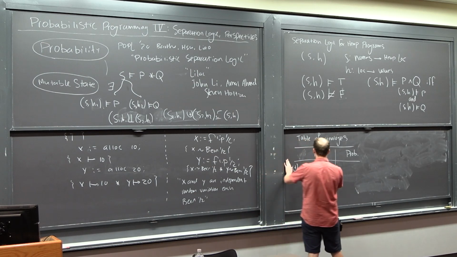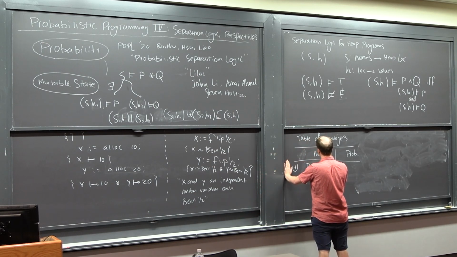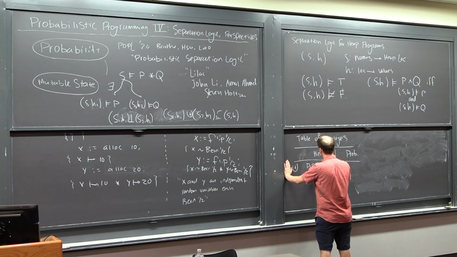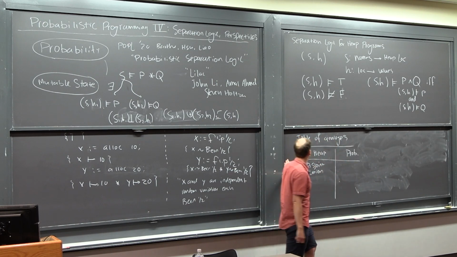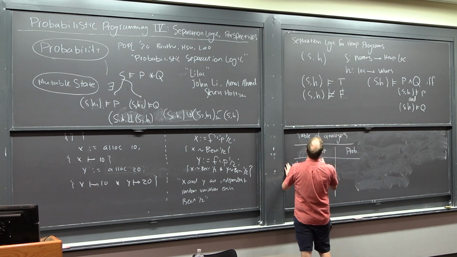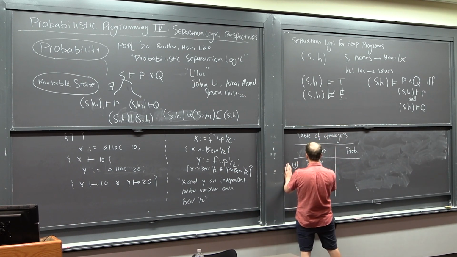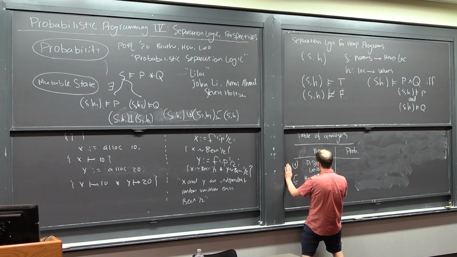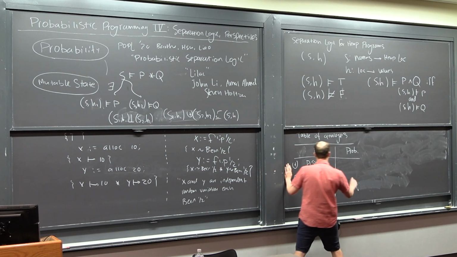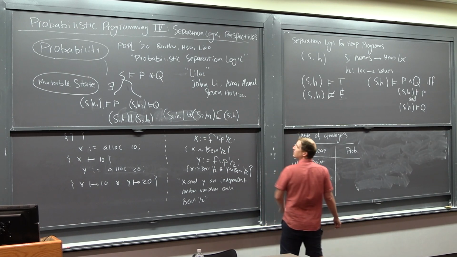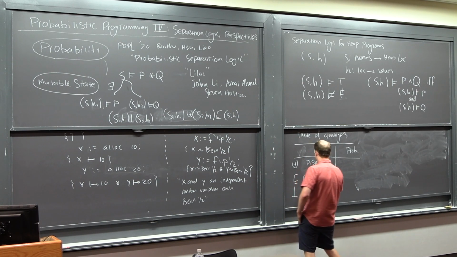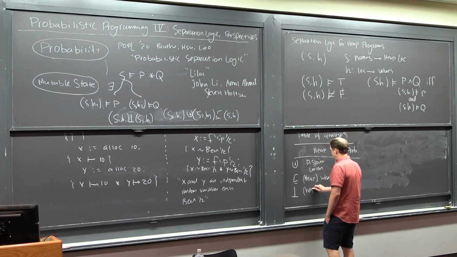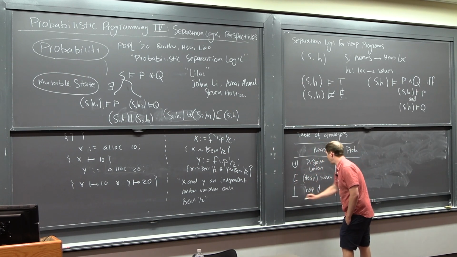So this is disjoint union for heaps, this U plus guy. It'll be something else for probabilities. And then we're going to have this thing, which is heap subsetting, or just subset. That's going to be important. And then what else did we have? We had this thing, which is heap disjointness.